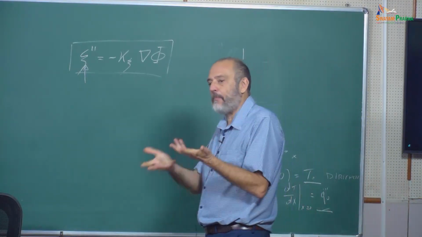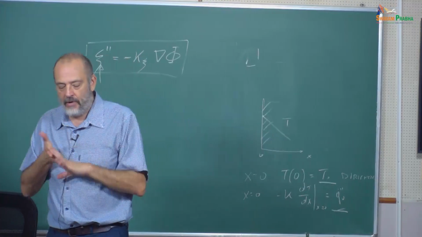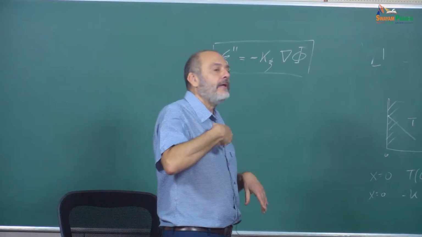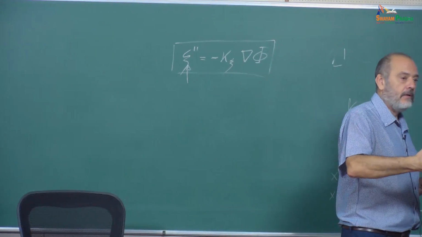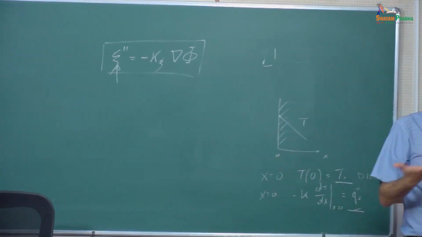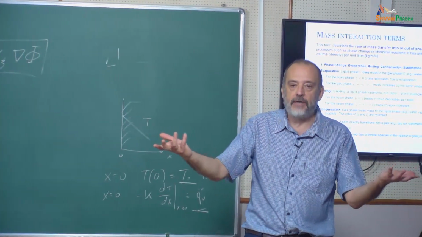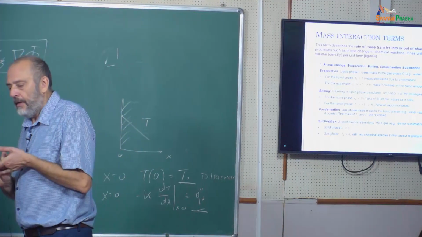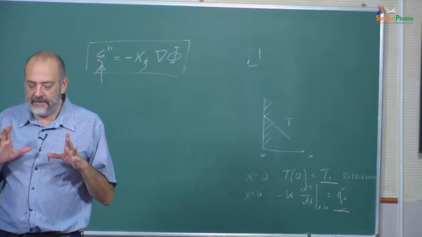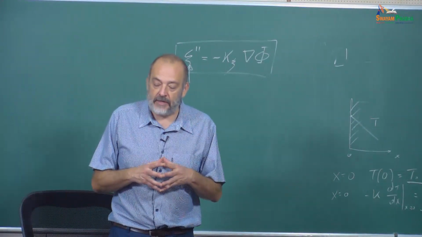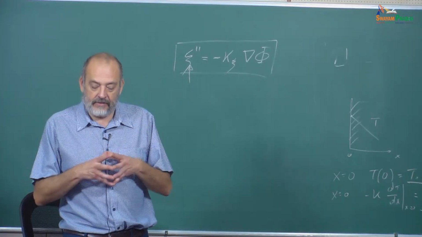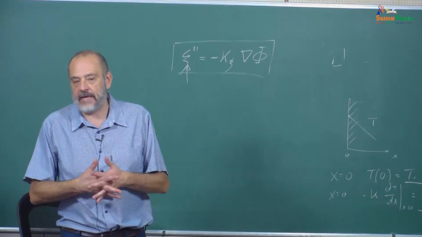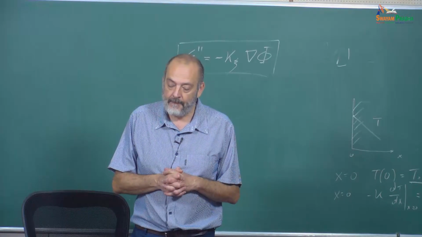We are going to have evaporation, for example, boiling, condensation, sublimation. Imagine dry ice going into the gas. Of course, we have sublimation of the dry ice. So in this case, the mass interaction terms are really very important because they say the rate of mass transfer into or out of a phase n that we are considering.